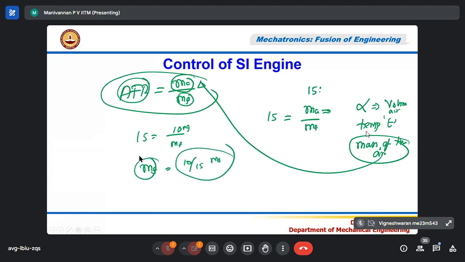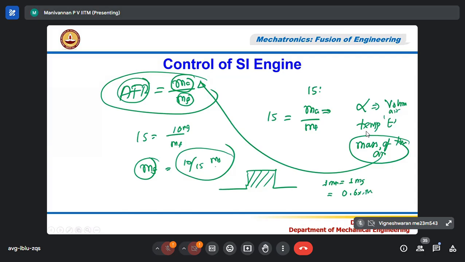Correct? Once that is computed, accordingly the fuel pulse will be open. I told you, for example, your fuel injector, if I open 1 millisecond, it injects 1 milligram, correct? So now we know 10 divided by 15 is something around 0.6, 6 something, correct?